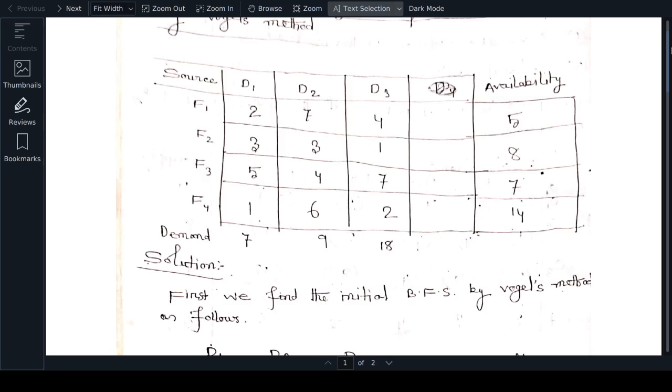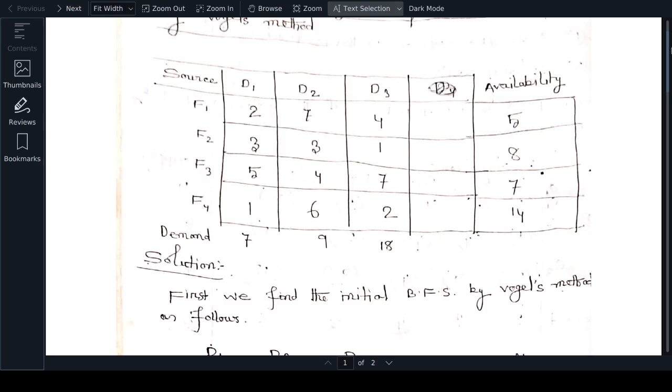Then we can start. Okay, the algorithm we can use is Vogel's approximation method, any one method. There are three methods. Before using these methods, the transportation problem should be a balanced transportation problem.